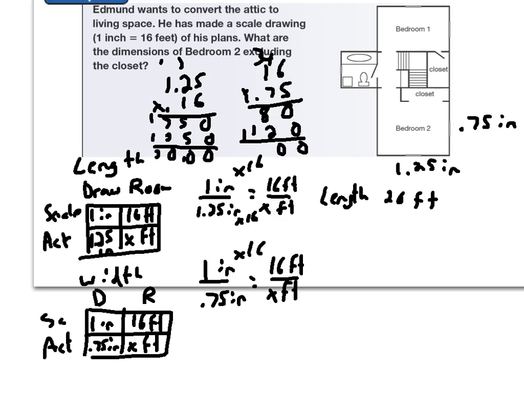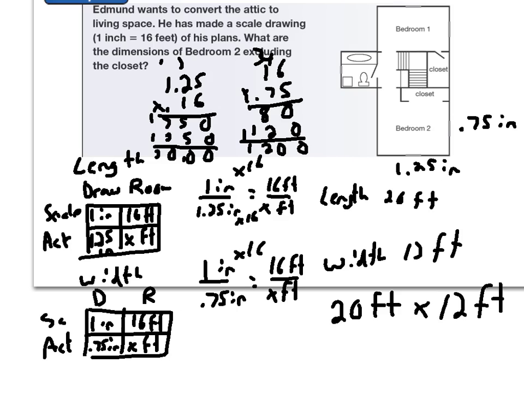I get 0, 10, carry the 1, 2, 0 with 2 decimal places. So the width is 12 feet. So the dimensions are 20 feet by 12 feet for the room.